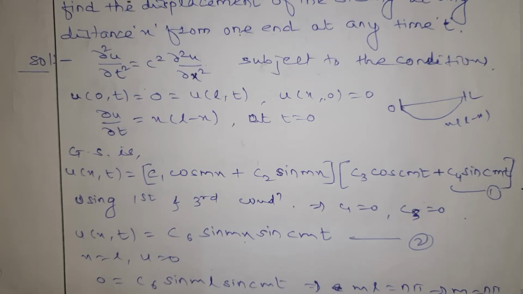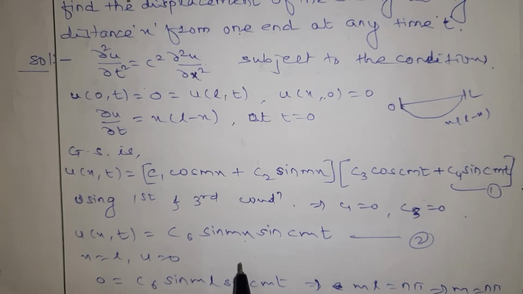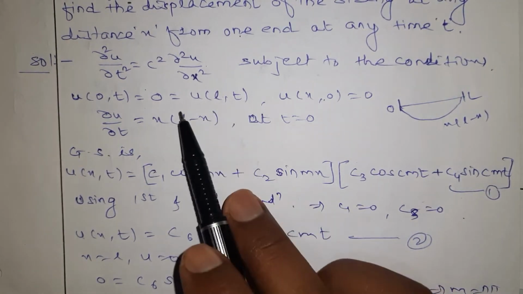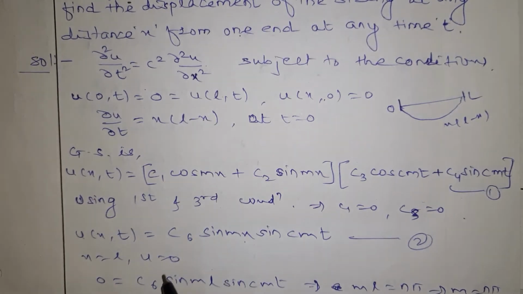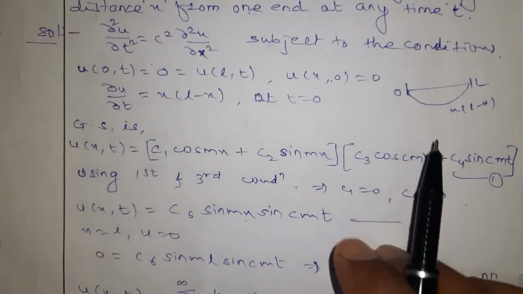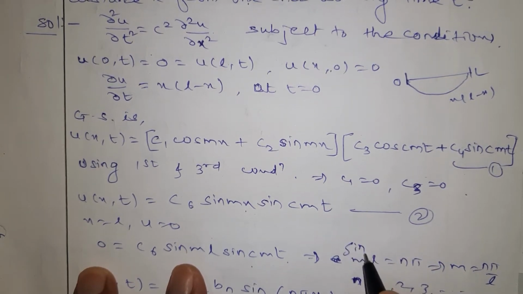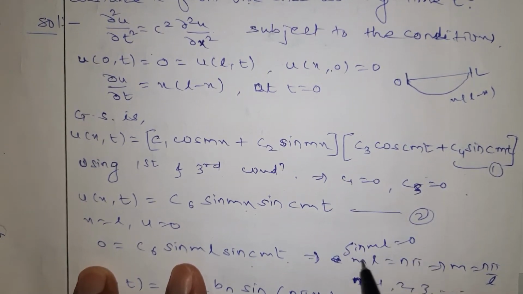This remains only. Now use our L condition, that is, u of (L, t) equal to 0. Put x equal to L, u equal to 0, so that we will get the value of m. So 0 is equal to c6 sin ml sin cmt. Here c6 is not equal to 0 and sin cmt is not equal to 0, so only sin ml equal to 0, which means ml equal to n pi.